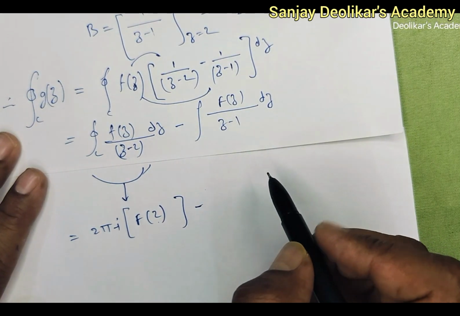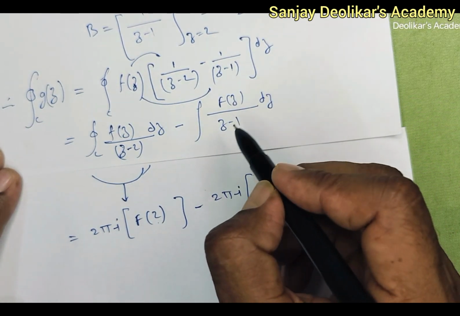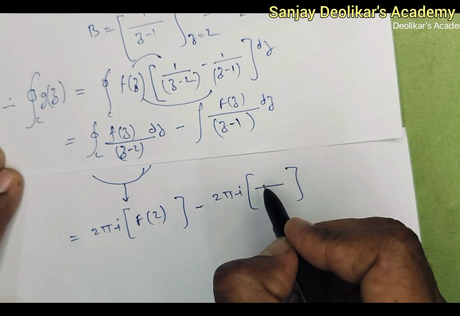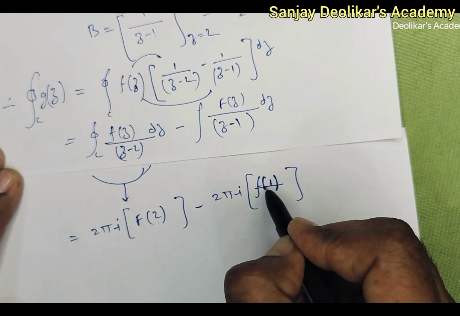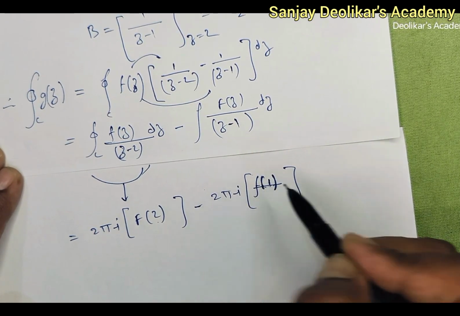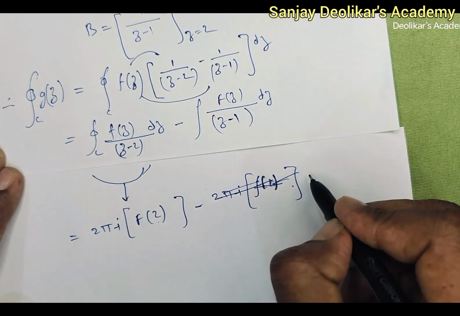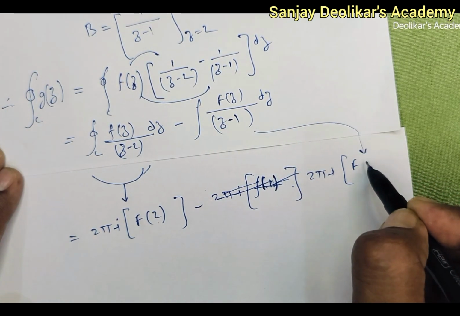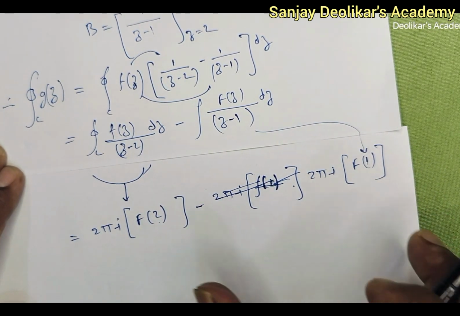Minus, similarly, 2 pi i, and inside the bracket, here there is z minus 1, so you will write f of 1. So 2 pi i f of 1 you will write here. Now f of 2, f of 1, how will you find f of 2 and f of 1?